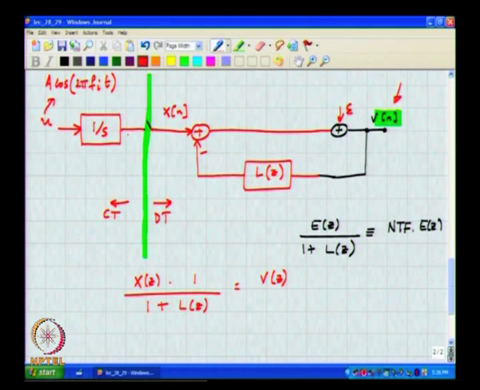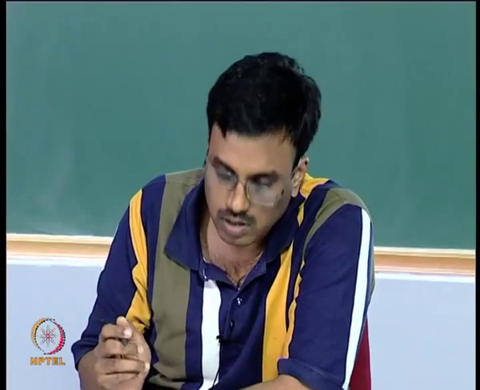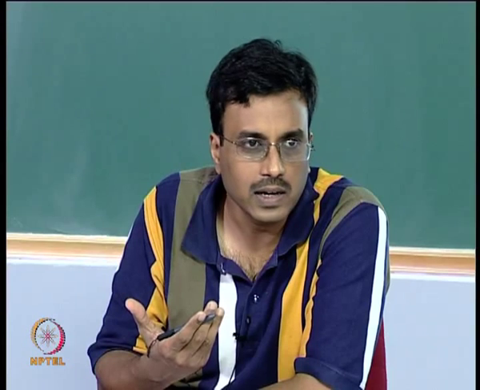This is a continuous time integrator. It is not 0 to t, it is minus infinity to t. That is correct. And then replace t with n times Ts. Correct. Yes. So you will get a discrete time sinusoid. Correct.